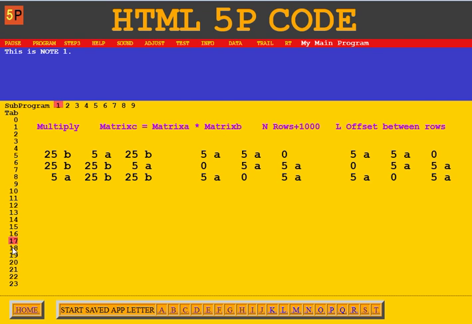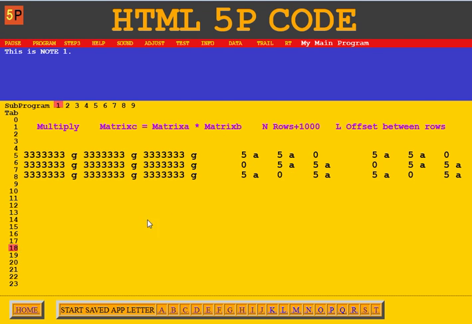Here comes another example. Here is an example where we're going to raise this matrix to a power. We're multiplying it by itself, and then we keep doing that over and over again. We square it and square it and square it 5 times until it reaches a steady state.